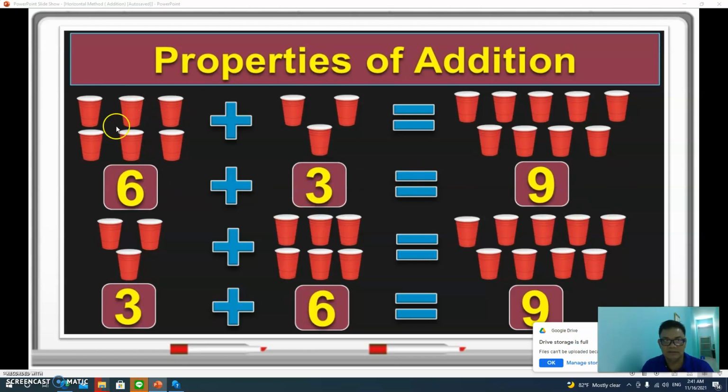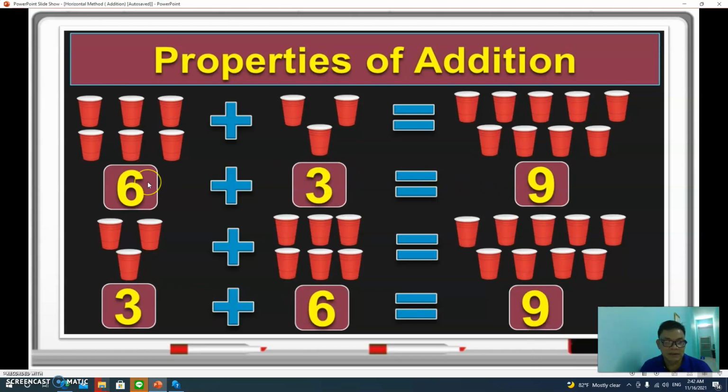Here we have glasses. 6 glasses plus 3 glasses equals 1, 2, 3, 4, 5, 6, 7, 8, 9. So 6 plus 3 equals 9. If you add 3 plus 6, it is equal to 9 also.